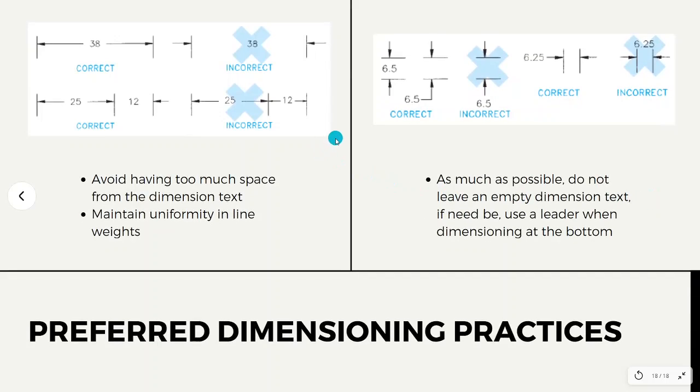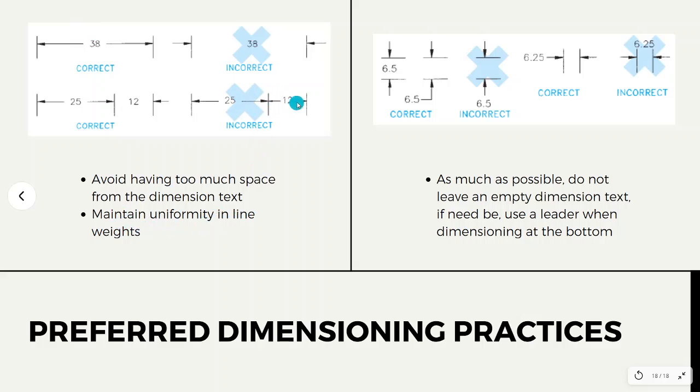And finally, our dimensioning and our units. So let us avoid having too much space from the dimension text. Then let us maintain the uniformity in line weights.